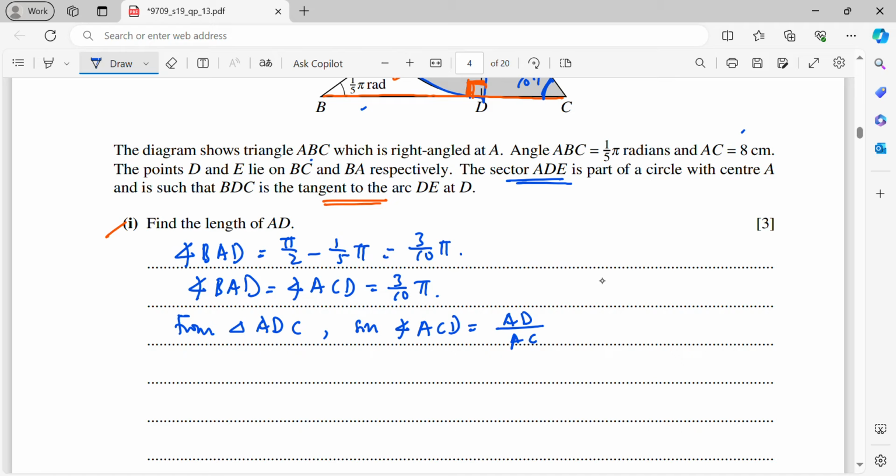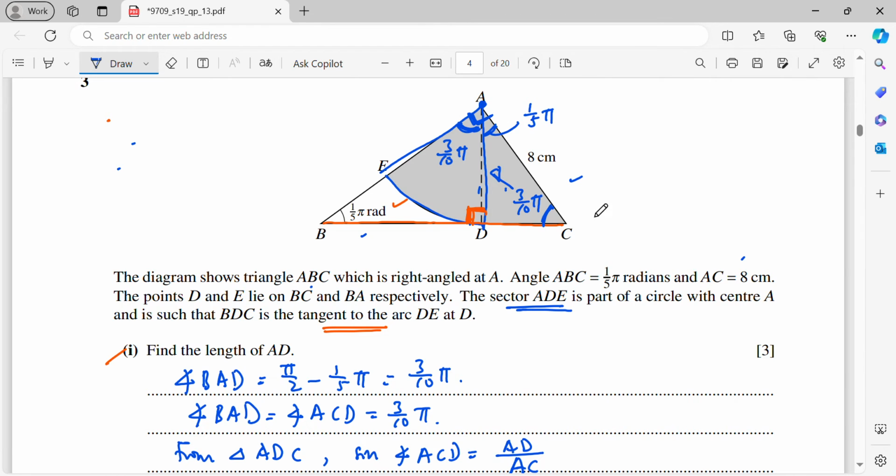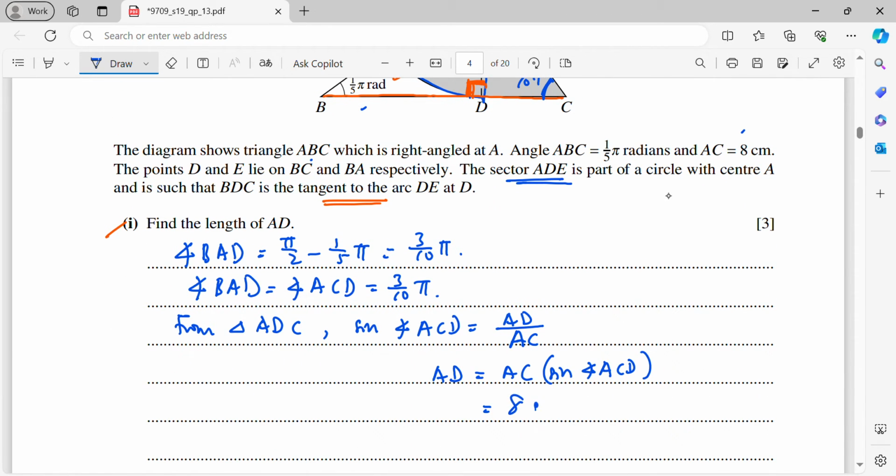Now we need to find AD, so AD is basically AC times sine of angle ACD. My AC is 8, then sine of angle ACD is 3 over 10 pi.